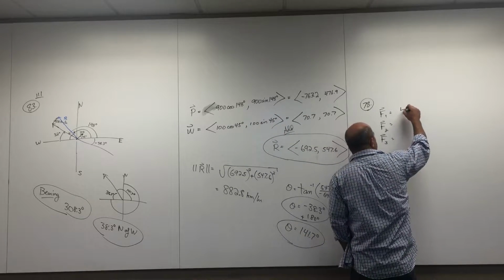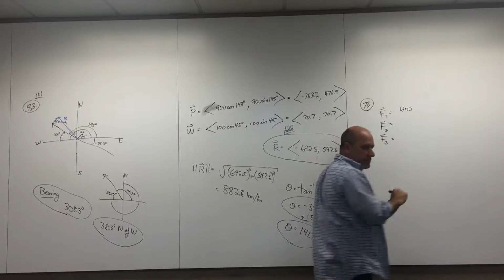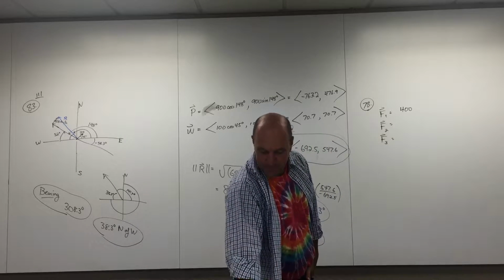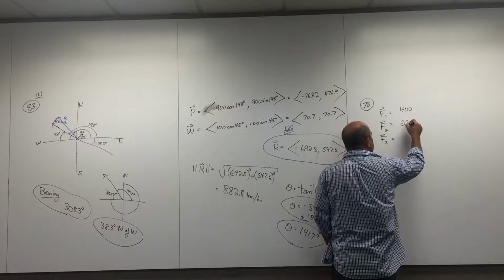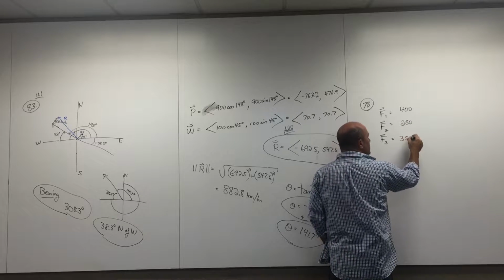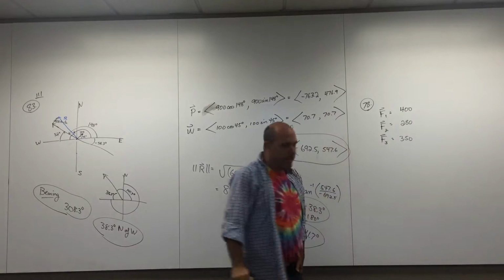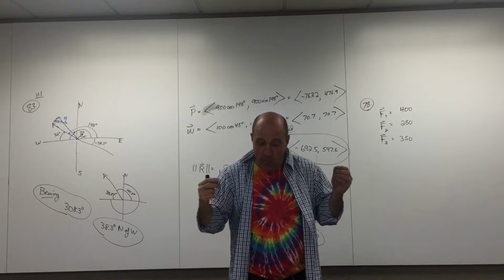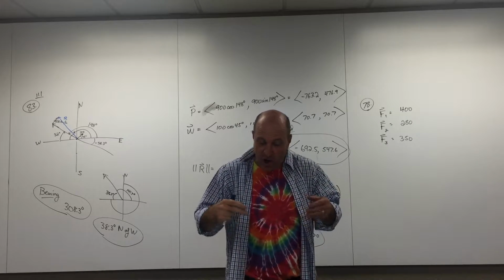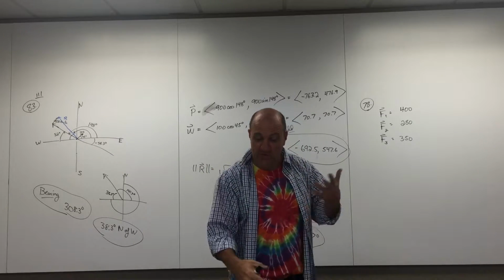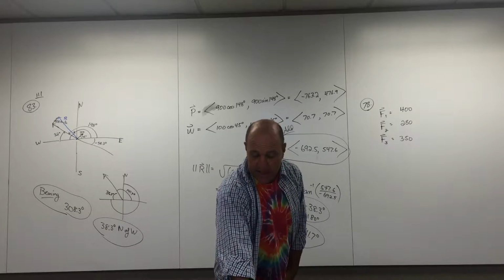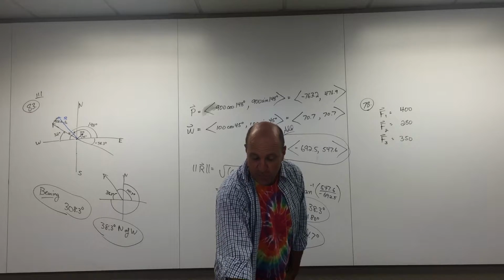So this one has a magnitude of 400, 280 and 350 newtons of force, and they're acting on a point. These 3 forces are acting on an object at these angles, respectively. So the angles are negative 30, 45, and 135.